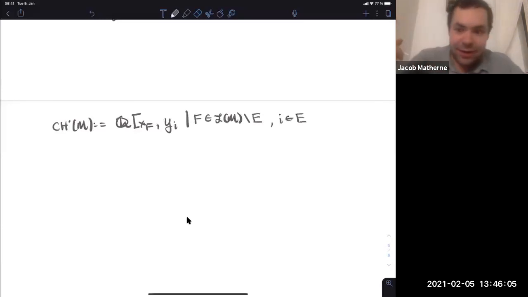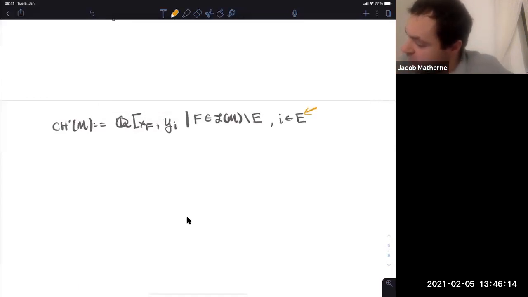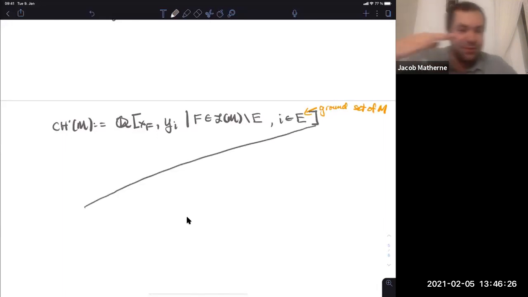E means the ground set of the matroid, the set of all hyperplanes. So this E is the ground set. It's called the ground set of the matroid. Okay, so we have some X generators, one for each proper flat, and we have some Y generators, one for each flat, one level up.